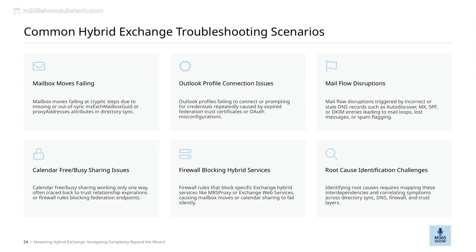Keeping directory information synchronized and accurate is essential for successful mailbox migrations. Overall, mastering hybrid Exchange troubleshooting requires a thorough understanding of these interconnected components and their potential failure points. Mapping out these dependencies allows us to pinpoint root causes more effectively and resolve issues efficiently.